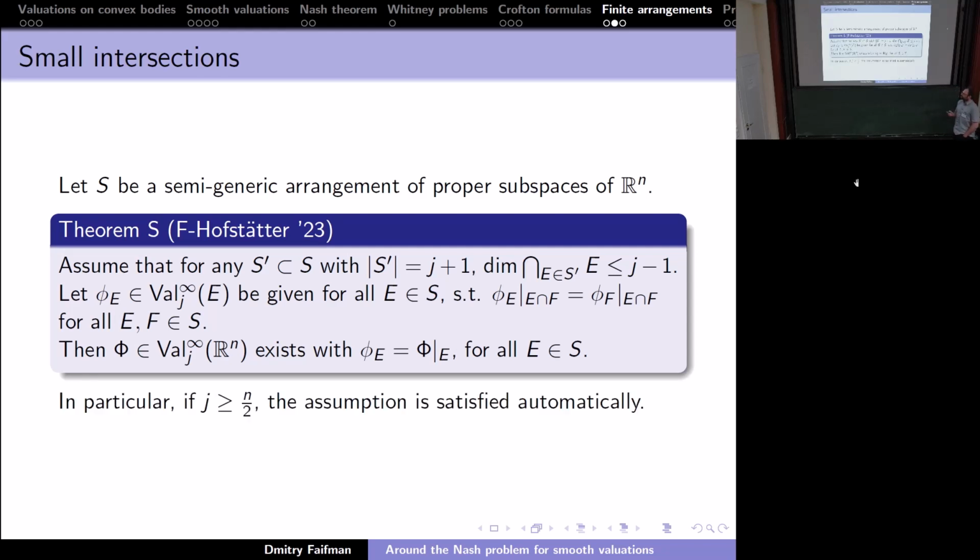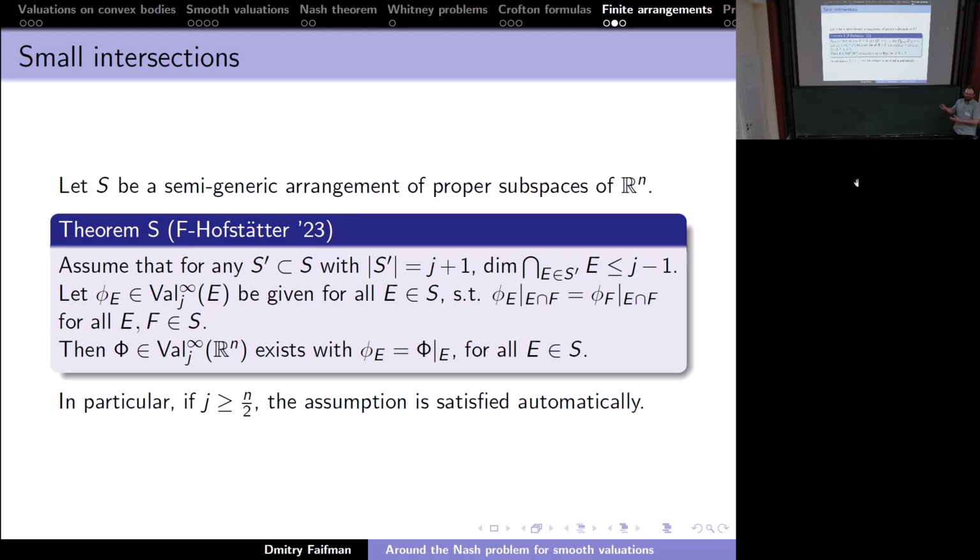Curiously, if j is at least n over 2, this condition here is satisfied automatically. I mean, look at it. It requires, as j increases, it requires less things. It says, okay, now you look at larger spaces, so their intersection should be smaller, but then it requires that their intersection is bounded by a larger number.